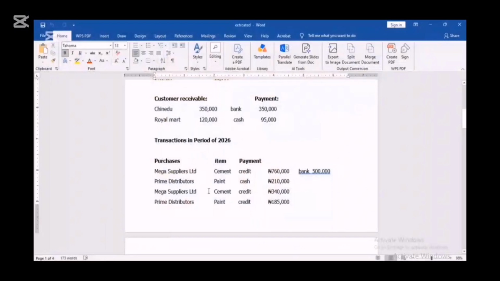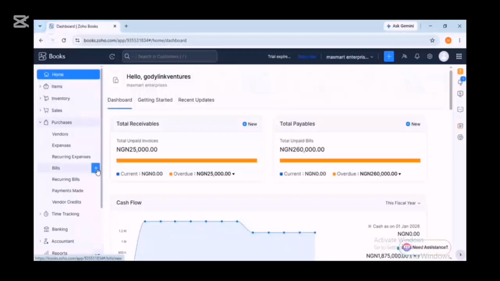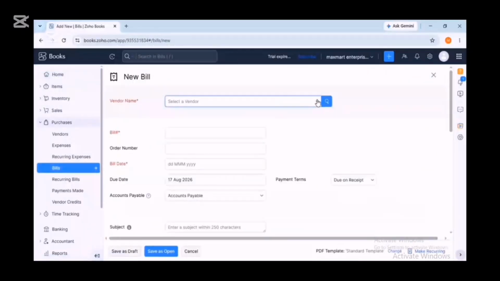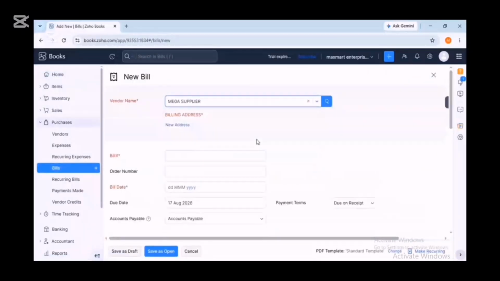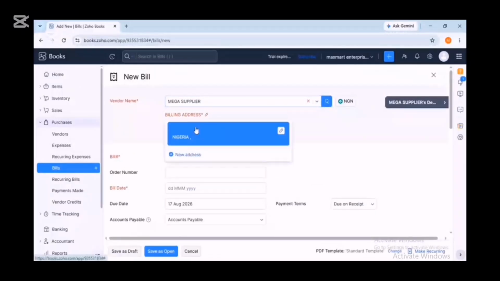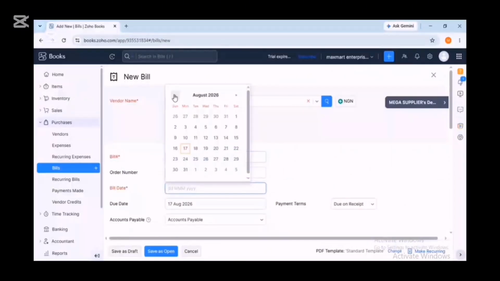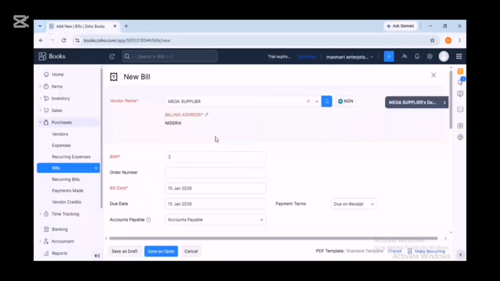let's see Mega Supplier. Enter purchases, bill, enter vendor, Mega Supplier. Definitely Nigeria billing address. And let's backdate.